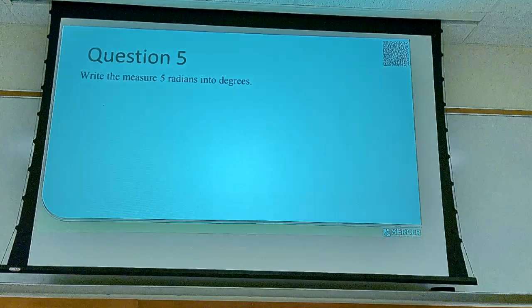Now here's a little nuance. Radian is not actually a unit. So when we're talking about angles, if we write 5, that's implied to be measured in radians. The radian itself is a unitless measure.